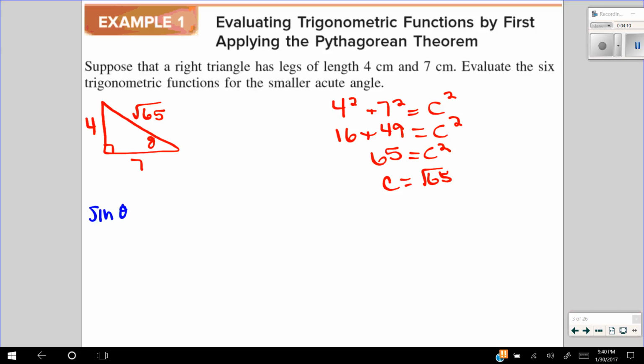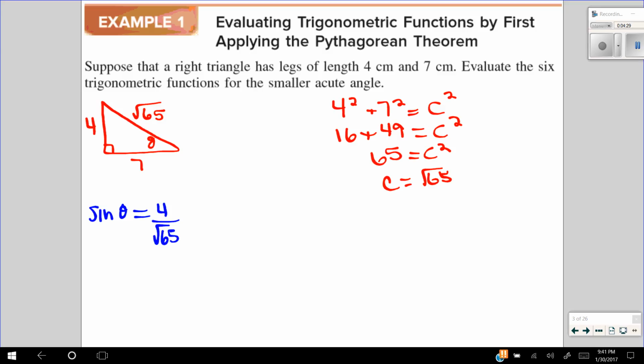So sine of theta is opposite, which is 4, over hypotenuse, square root of 65. Now, in most cases, you're going to see this as being rationalized, because remember, we can't have a square root in the denominator.